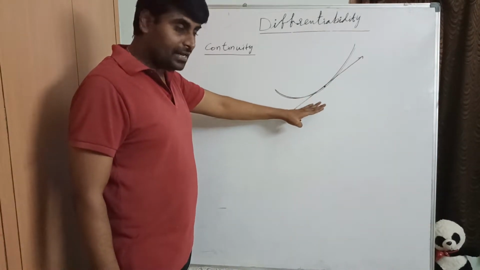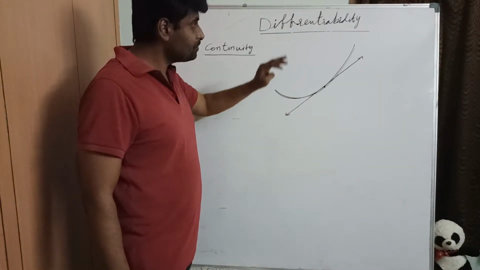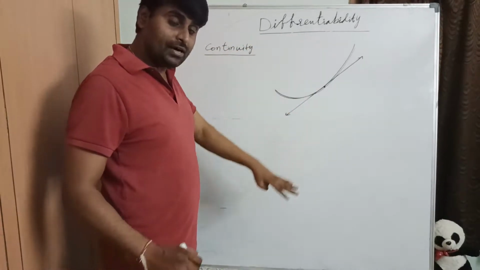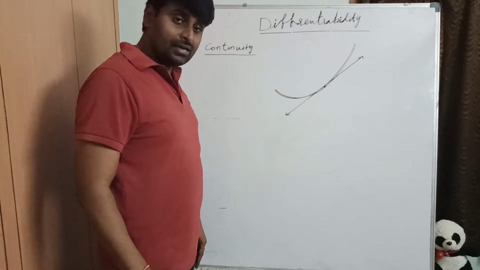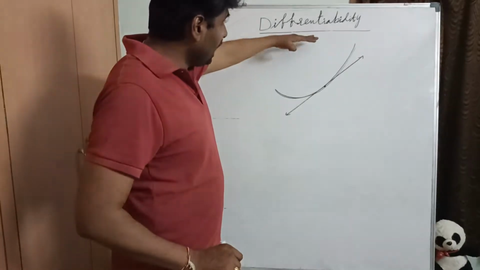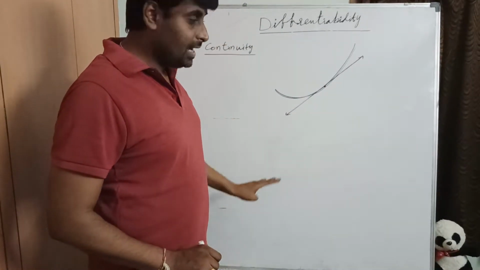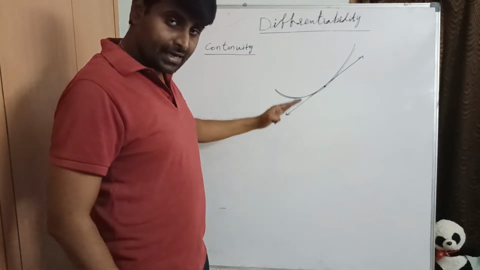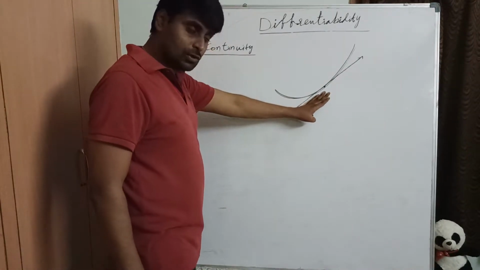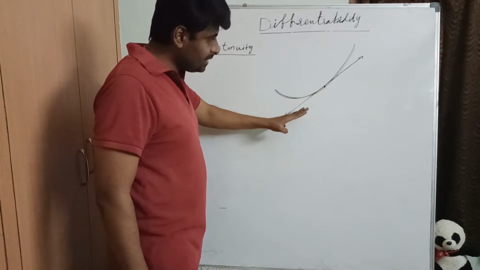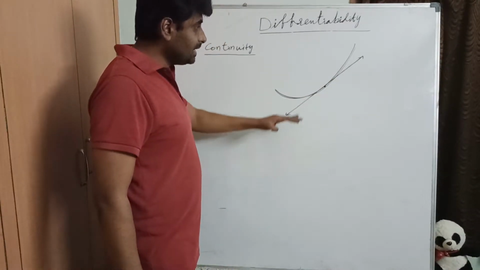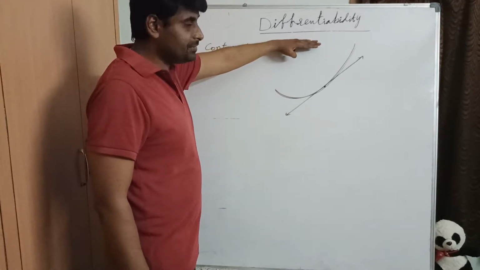Roughly, when can you say a function is differentiable? Whenever it has no corner points and has a unique tangent, meaning a finite slope. It must have one and only one finite slope, and a unique tangent at a particular point. That is the meaning of differentiability of the function.